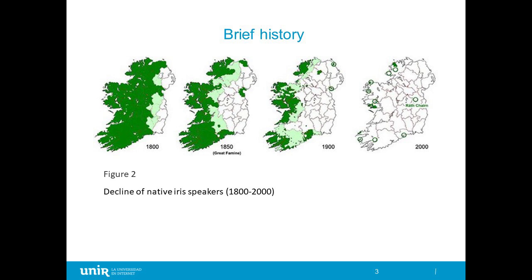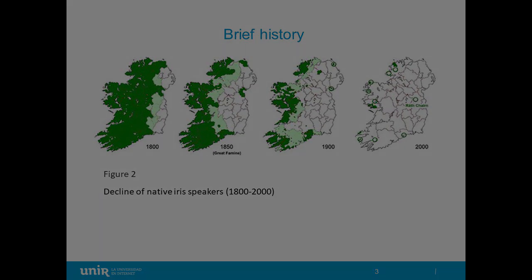Some important moments in the history of this variety of English are the introduction of the Anglo-Norman language after the Norman invasion in 1169, the gradual decline of Gaelic as the dominant language, resulting in the shift from an Irish-speaking country to an English-speaking country, the establishment of the distinct Irish English dialect by the early 18th century, and one of the most relevant in terms of society, the impact of the Great Famine in the 19th century.